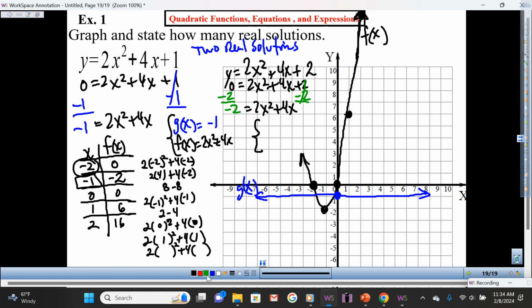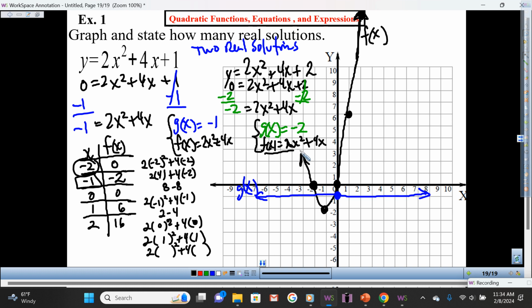Martin, g of x equals what? Negative 2. And f of x? Yeah, 2x squared plus 4x, okay.